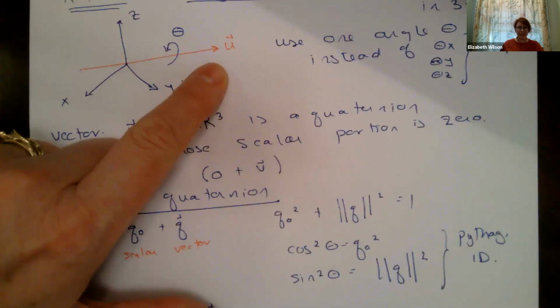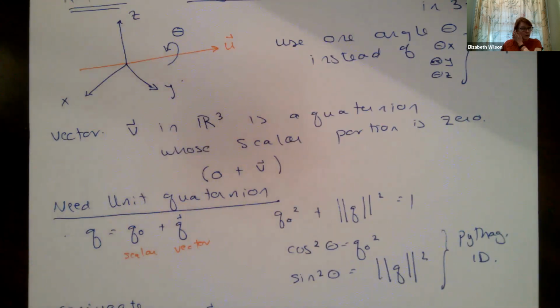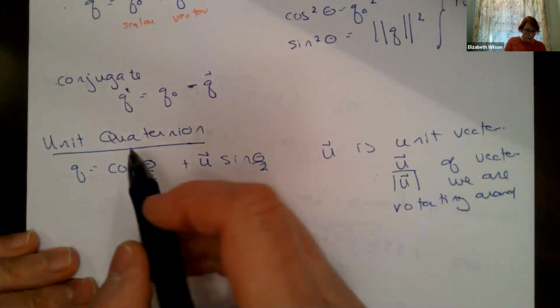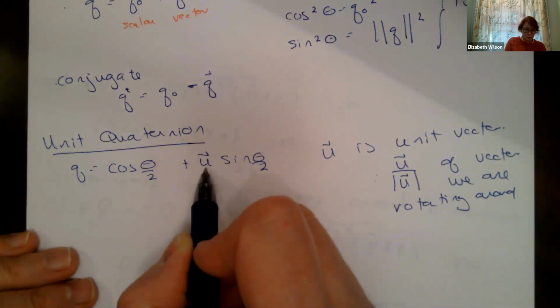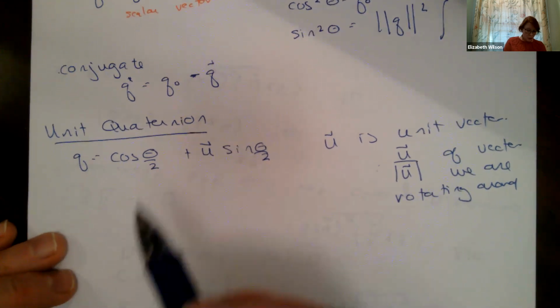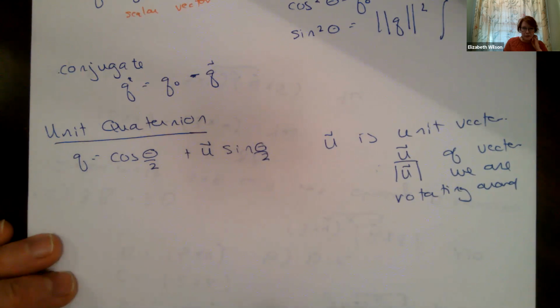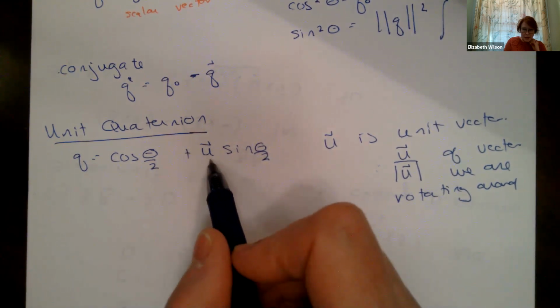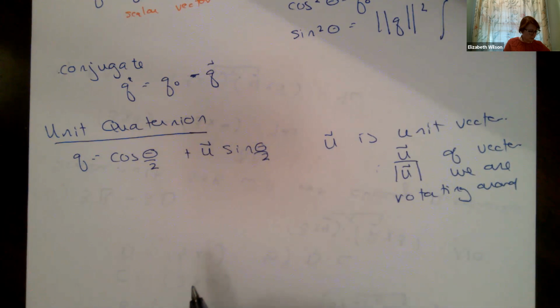So we're given a U. I need to convert that to a unit vector, so I divide by its magnitude. Okay, so I get cosine of theta over 2 plus U, my unit vector, sine of theta over 2. So this is if we're rotating around this line that has U as a vector.